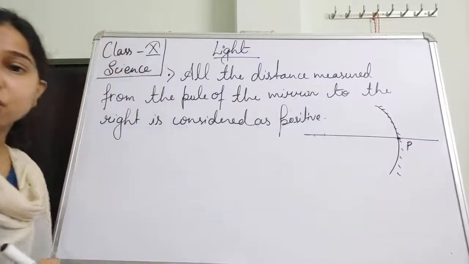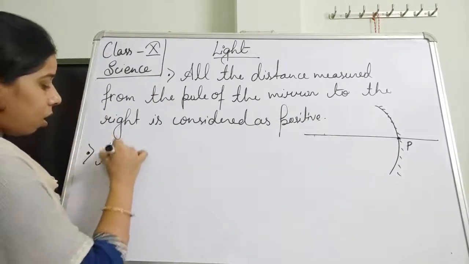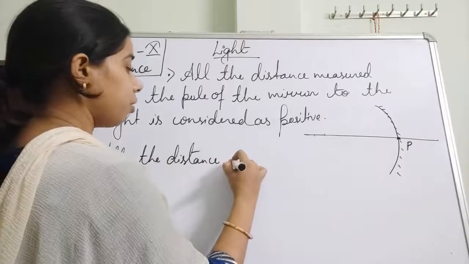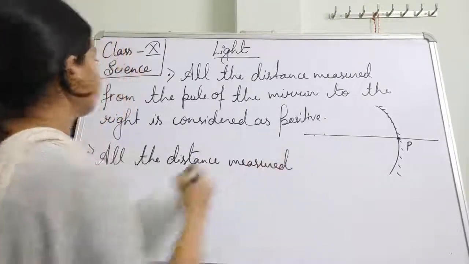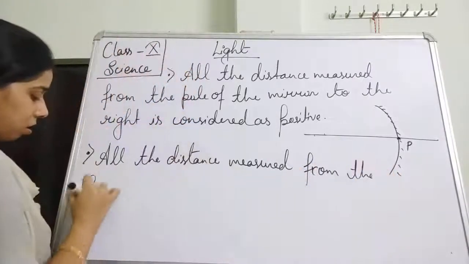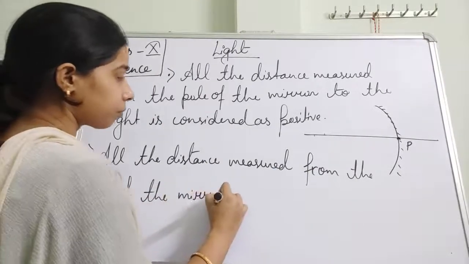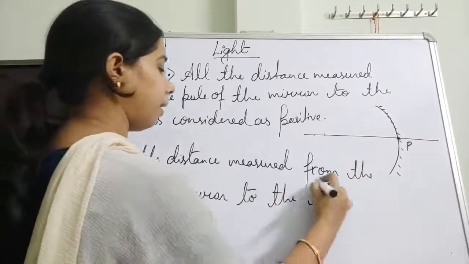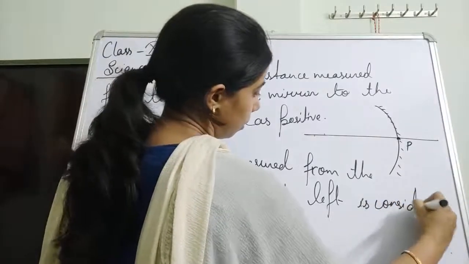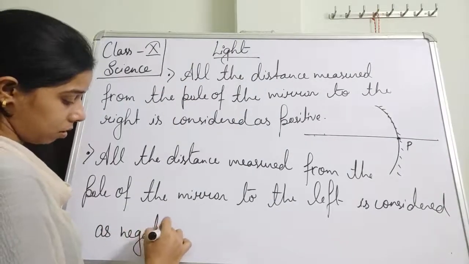And second, all the distances measured from the pole of the mirror to the left are considered as negative.